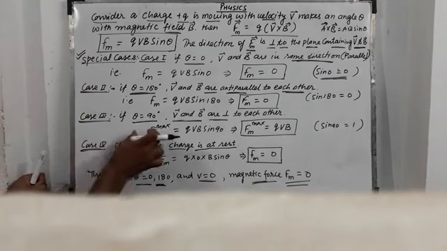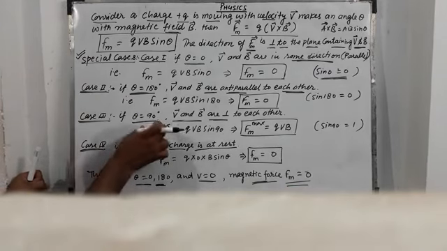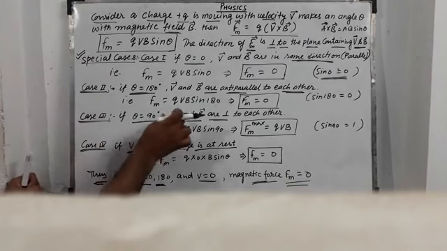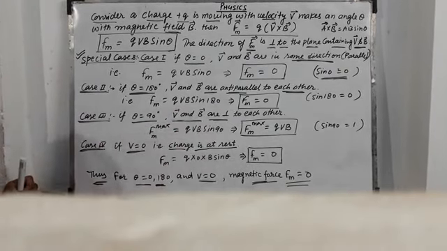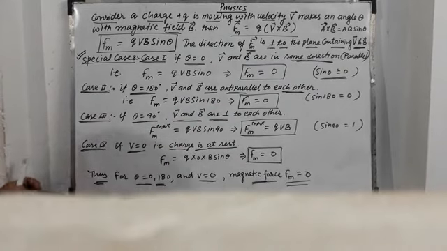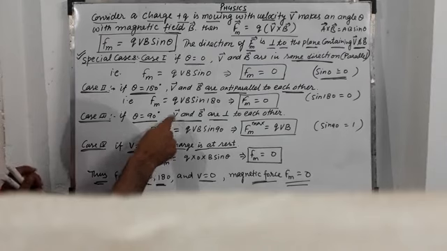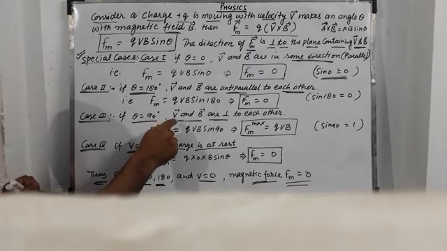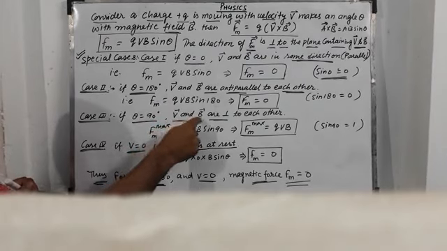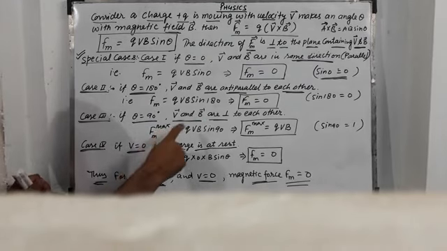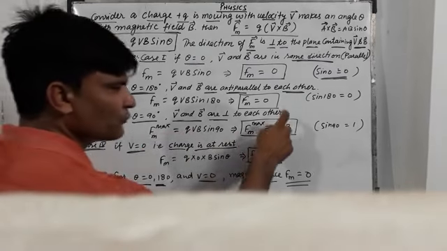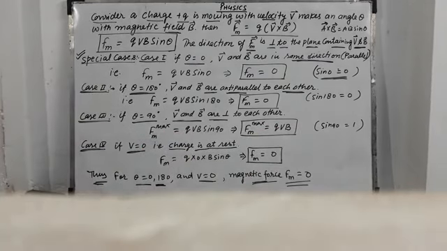The charge experiences a maximum force when it is moving perpendicular to the magnetic field. Always remember this. When the charge moves perpendicular to the magnetic field, it experiences maximum magnetic force, and that is qvB.